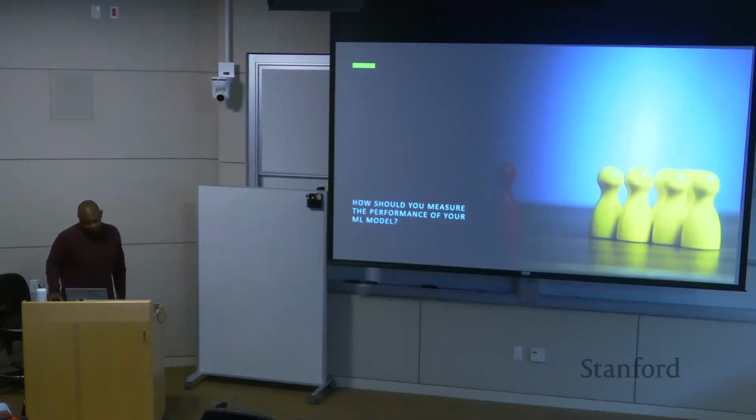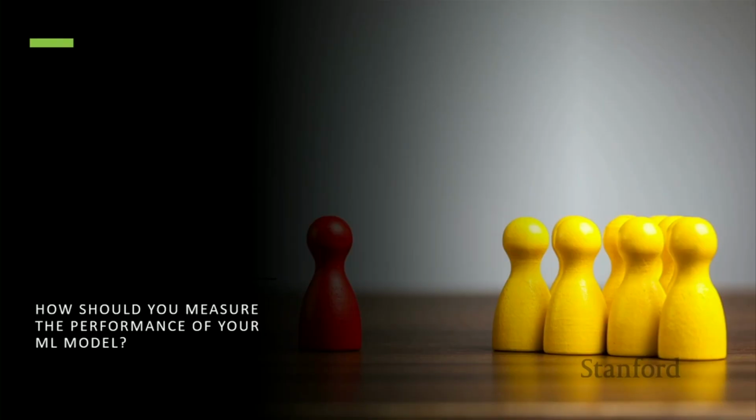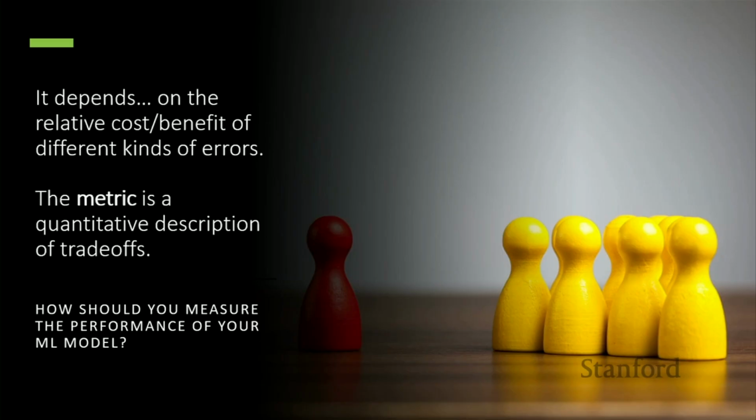Okay, so it boils down to this choice of how you measure performance of a model. The main argument in the discussion today is that the actual thing that you end up picking is some performance metric, which is some quantitative description of how you are evaluating errors in your model.